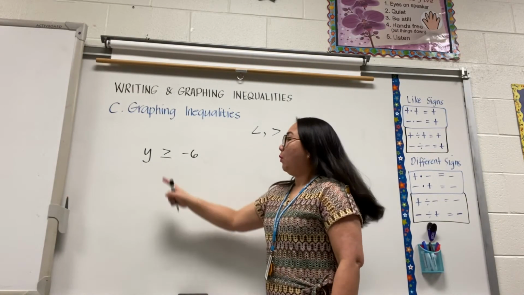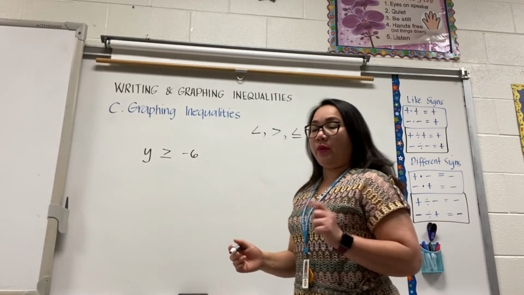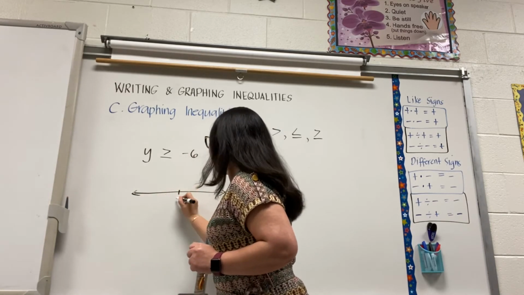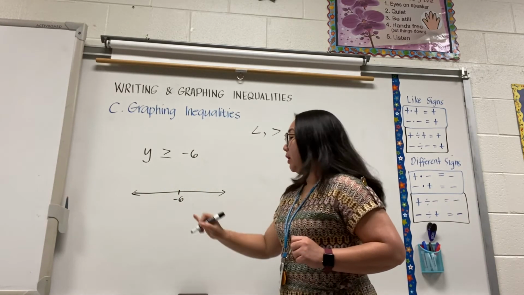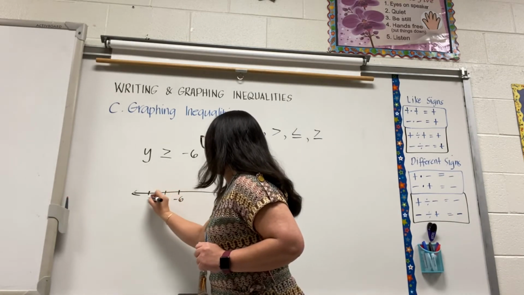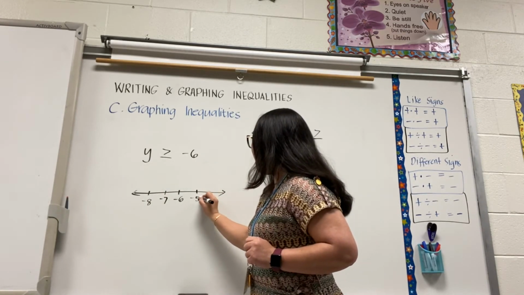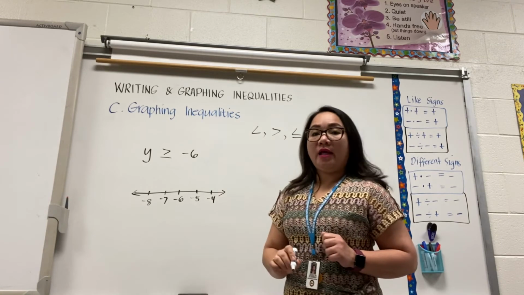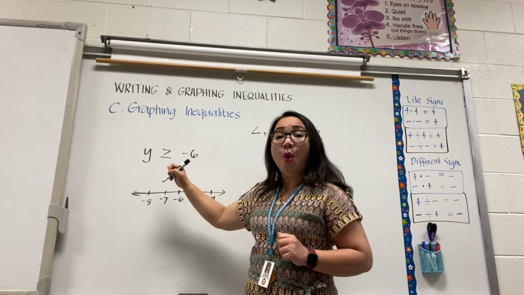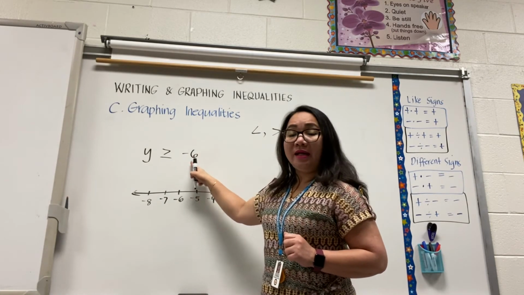Okay, this one. Y is greater than or equal to -6. So we will draw a number line. -6 at the middle. So numbers to the left of -6, we have -7, -8. To the right of -6, we have -5, -4. Then we will graph. So it says here y is greater than or equal to. So that means -6 is included.